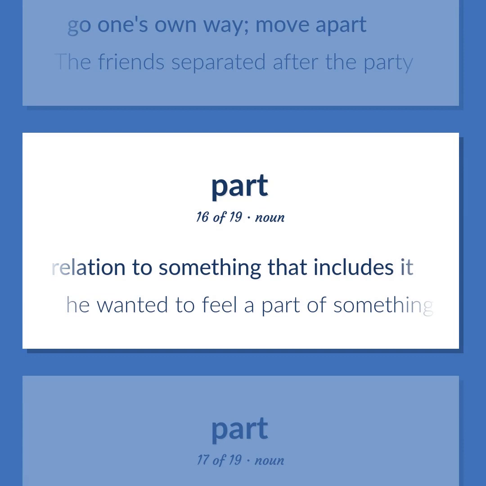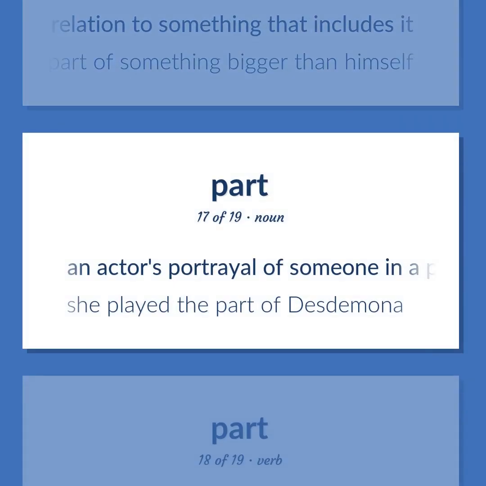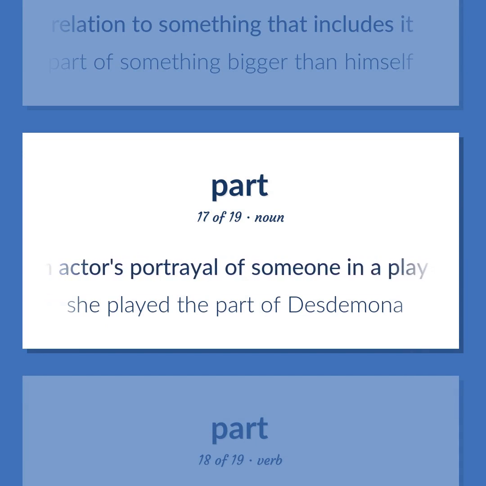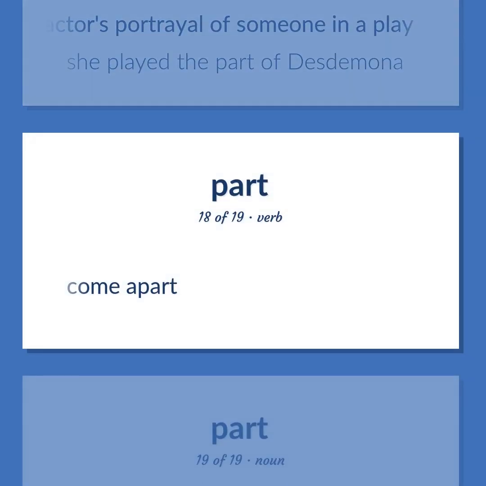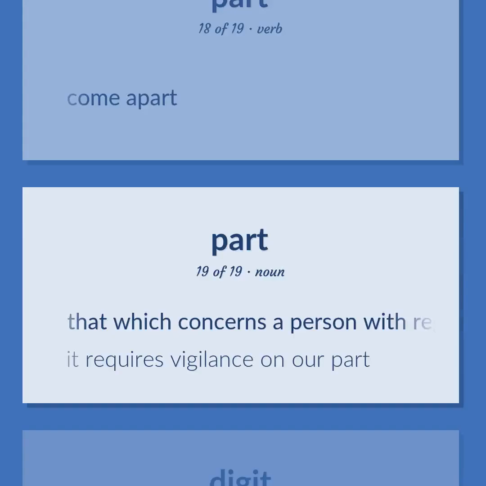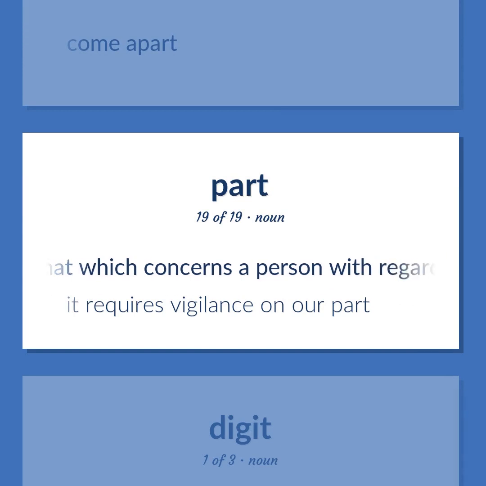He wanted to feel a part of something bigger than himself. An actor's portrayal of someone in a play. She played the part of Desdemona. Come apart. That which concerns a person with regard to a particular role or situation. It requires vigilance on our part.